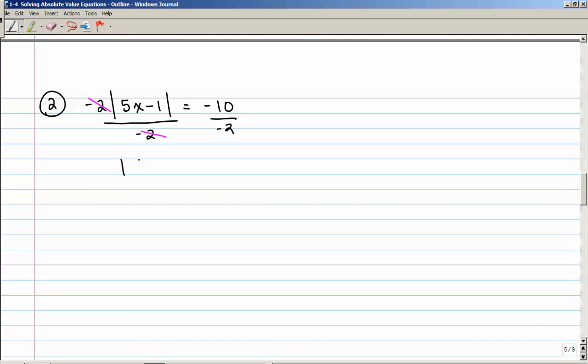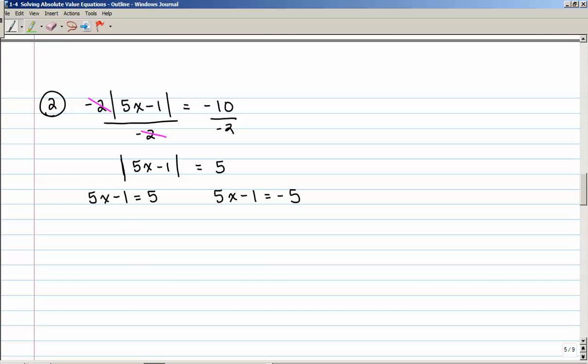So now I have the absolute value of 5x minus 1 is equal to 5. Actually, here's a hint. Make sure that your bars are bigger than your 1's so you don't mistake it for a 1. So this means I'm going to have two equations. 5x minus 1 is equal to a positive 5, and 5x minus 1 is equal to a -5.